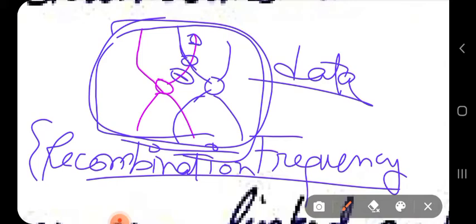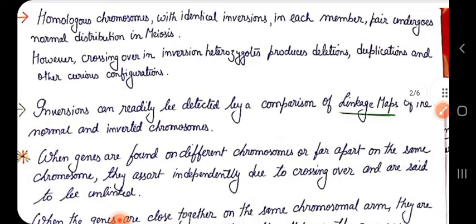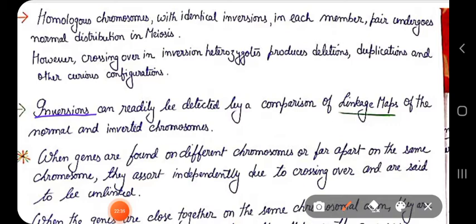By finding out the recombination frequency for many gene pairs, we can make linkage maps, and they show the order and pattern of the genes and how the genes are placed within the chromosome, right? In this way we can detect inversions as well, by studying the linkage maps, because linkage maps show the order of the genes and the relative distance between the genes on the chromosome.